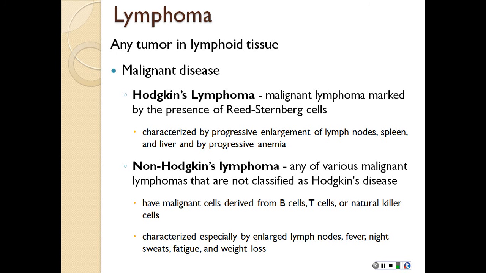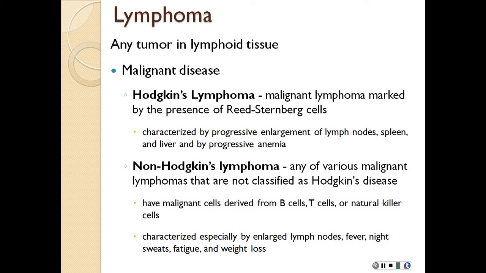Then lymphoma, the OMA means what? If you have OMA on the end of any word, tumor. So any tumor in a lymph node or lymphoid tissue is called a lymphoma.